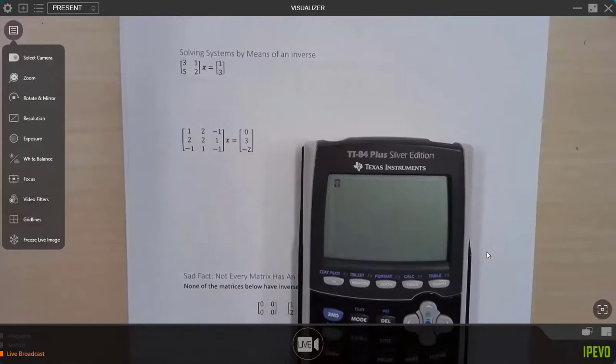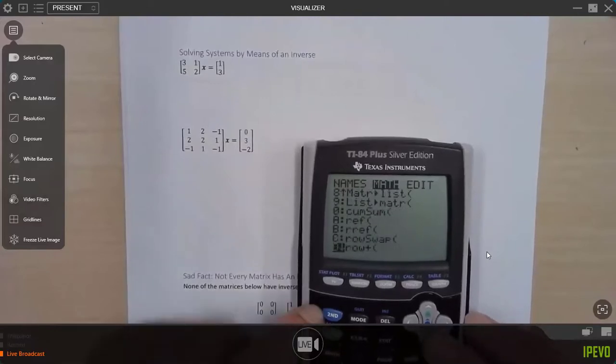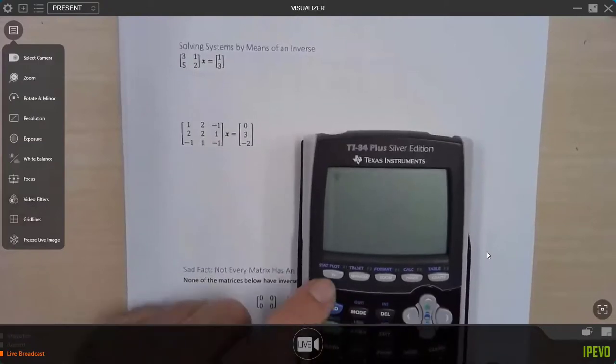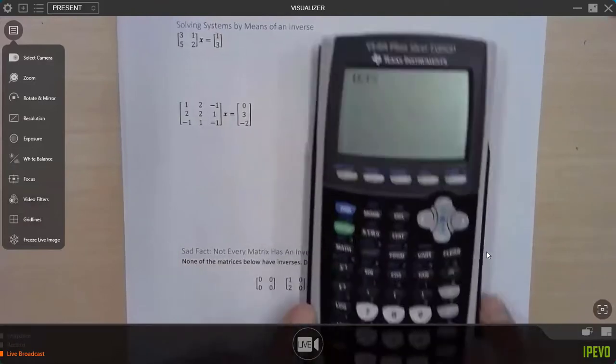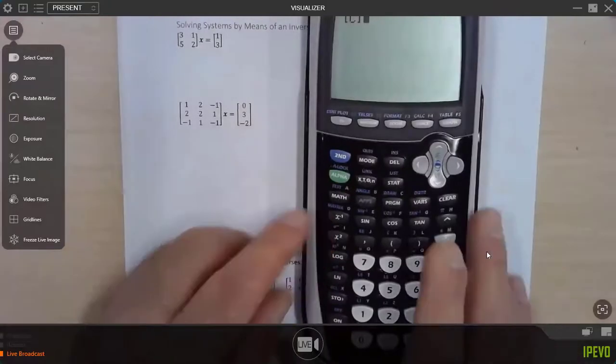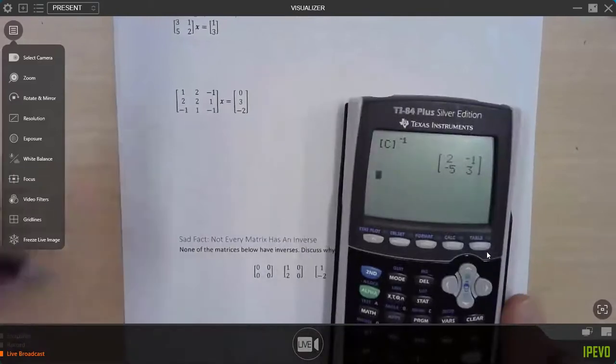Then I go back to the matrix menu and ask whether it has an inverse. Oh, it does. You have to get it in an awkward way on a calculator. That's matrix C, and then I'll press this inverse key here. Woohoo!